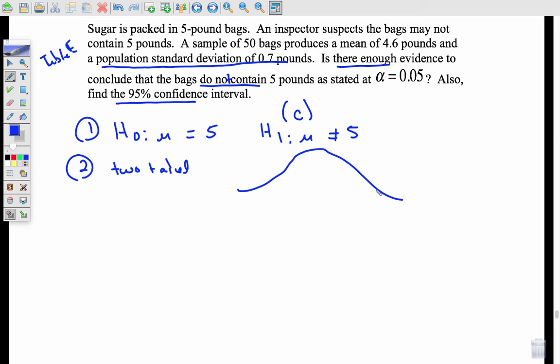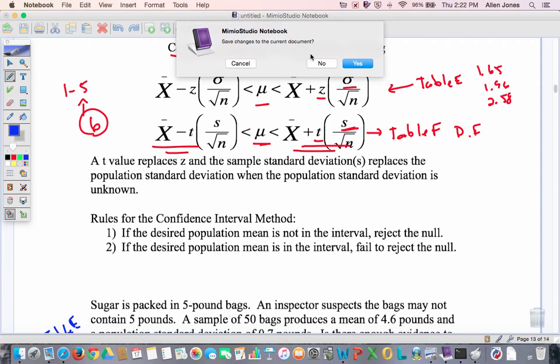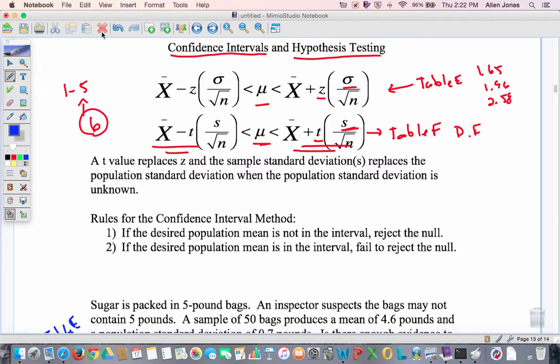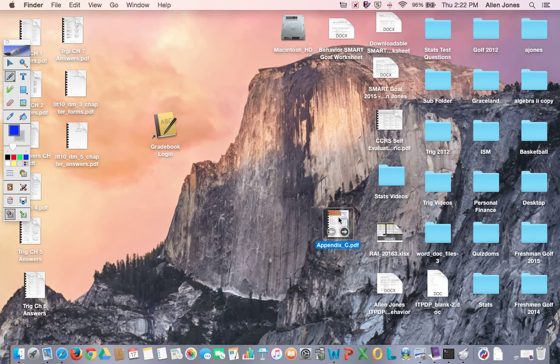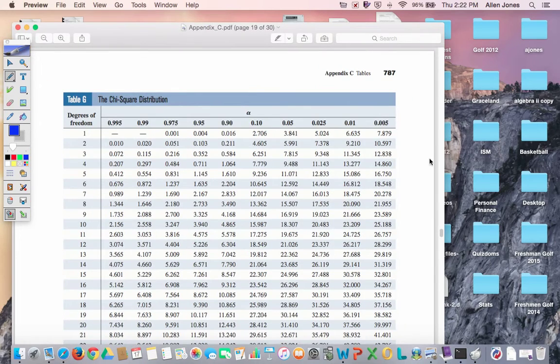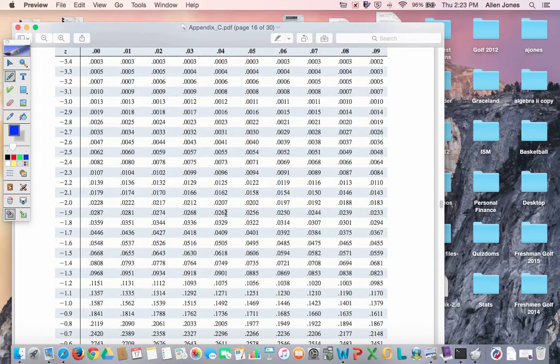So on our curve, we have a shaded area on both sides. I'm going to use the traditional method. So when we go to 0.05, we have 0.025 in each tail. We'll go to Table E. Table E will find 0.025, and 0.025 is an exact number this time.